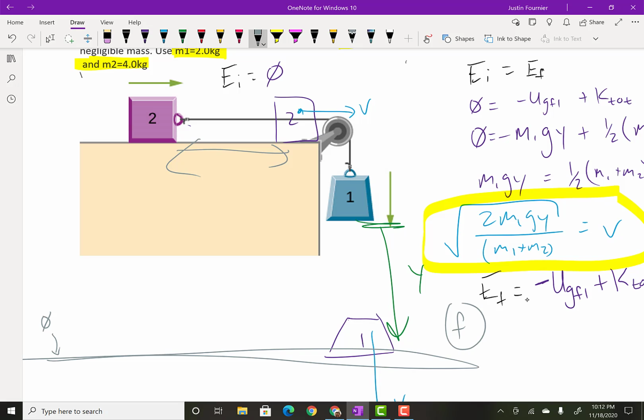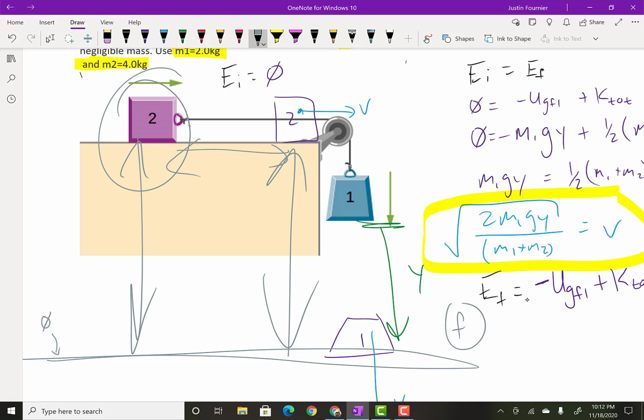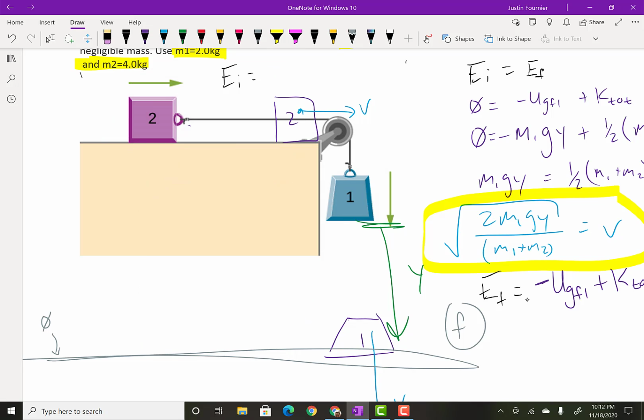Sure, it does have gravitational potential energy because it's this high above, but it's the same height above the next time, so who cares about the change in energy? So I'm just going to say its initial energy is 0. It gains energy later on, but that's at the end.